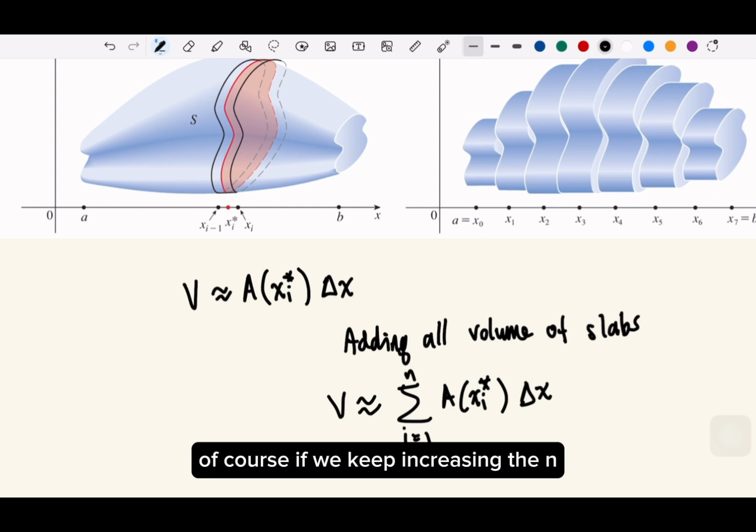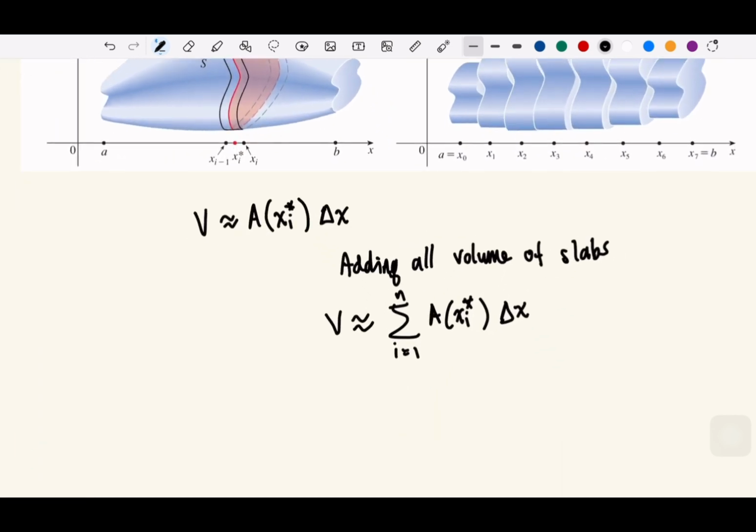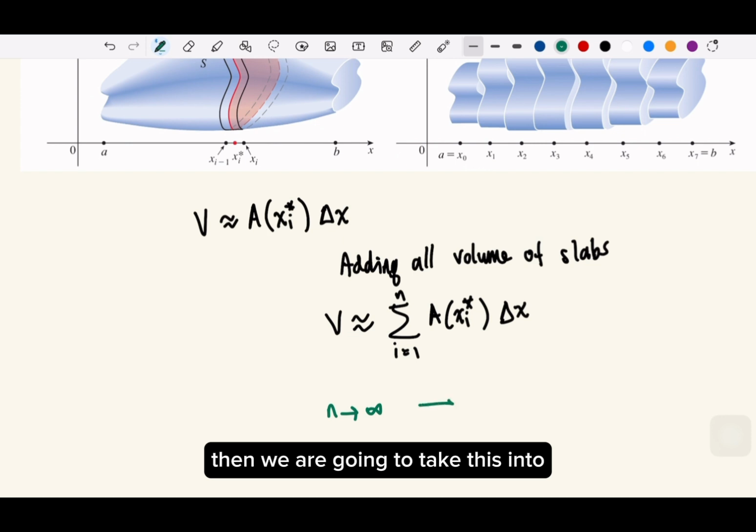And of course, if we keep increasing the n, as n approaches infinity, then we take this into our limit definition.